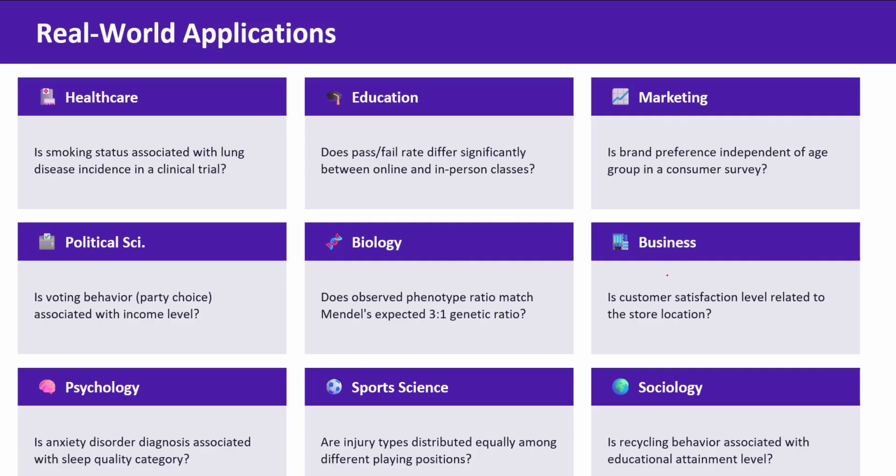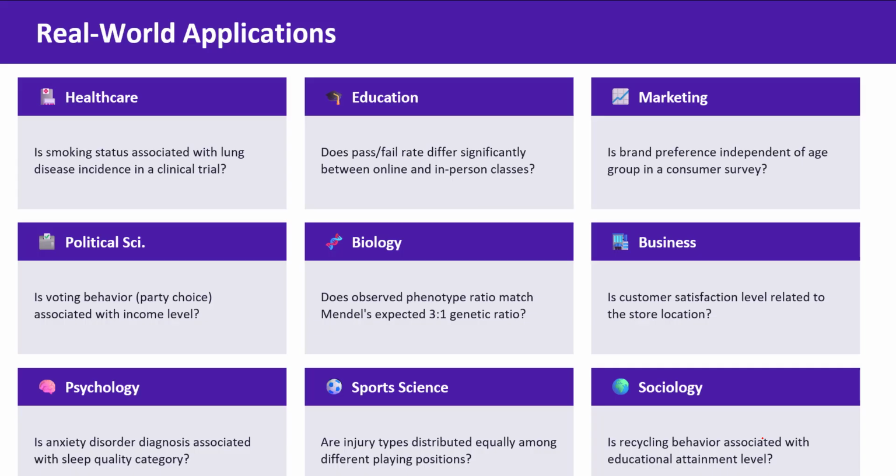In the business sector, is customer satisfaction level related to store location? In psychology, is anxiety disorder diagnosis associated with sleep quality categories? In sports science, are injury types distributed equally among different playing positions in different sports? In sociology, is recycling behavior associated with educational attainment level, meaning education level?